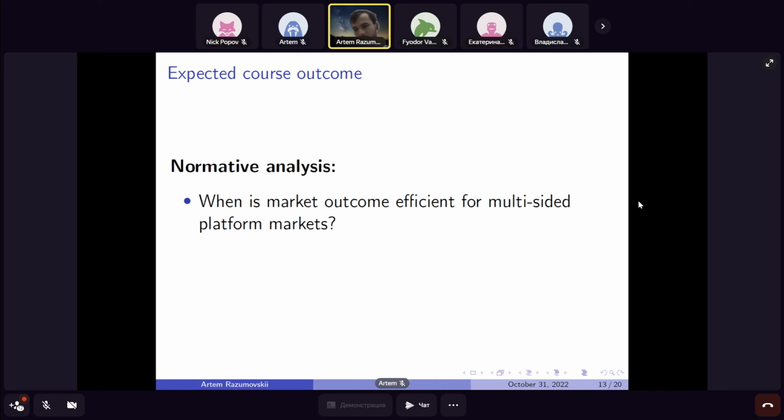We talked last week that if a market exists, then there is already some outcome where no resources are wasted, let's say, or you can say that it's somehow efficient. But then you start thinking, can we do better or not? That's probably what taxes do, and some taxation system, government rules: they help to operate the market in a better way, and in terms of some goals which are set by a government.